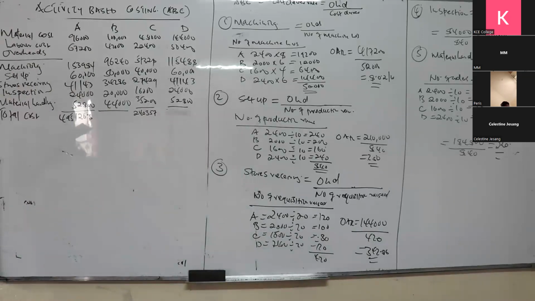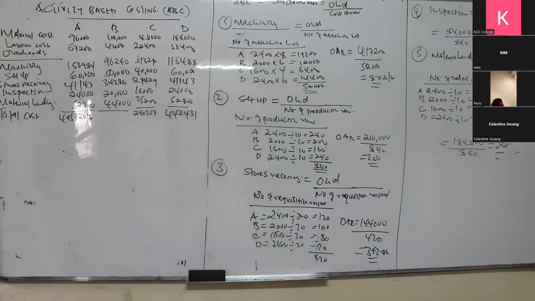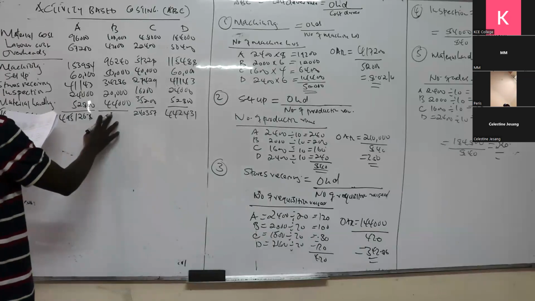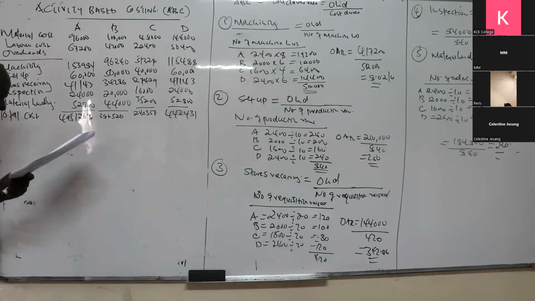B. D, 482. 442,431. Here, 386,526. Are you sure?